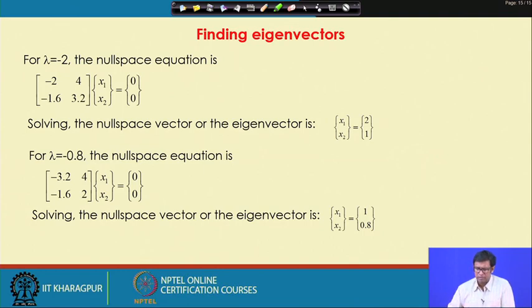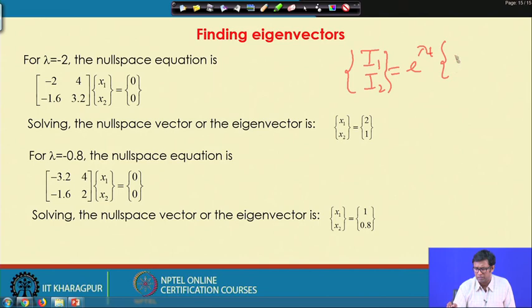Therefore, the complete solution: we assumed a form of the solution, which is I1 I2 is equal to e to the power lambda t times x1 x2, and x1 x2 is the eigenvector.